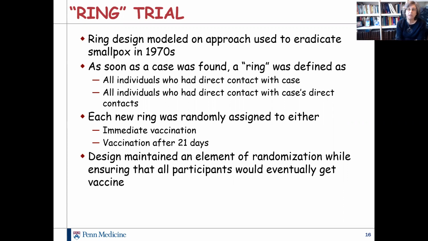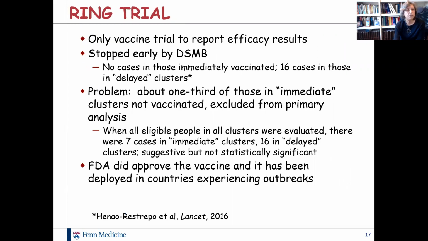So it was a type of cluster randomized design, but with the clusters defined as time progressed around identified cases. This design did maintain an element of randomization while ensuring that all participants would eventually get the vaccine, which was an important issue in negotiating with the countries.